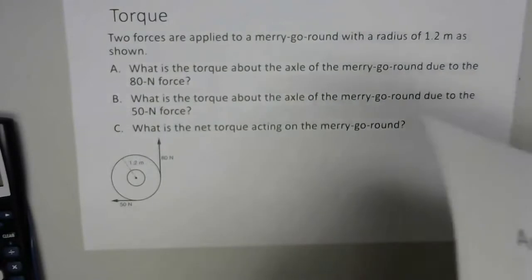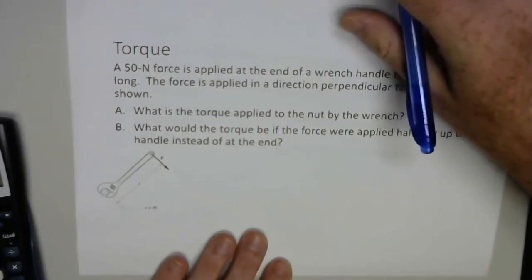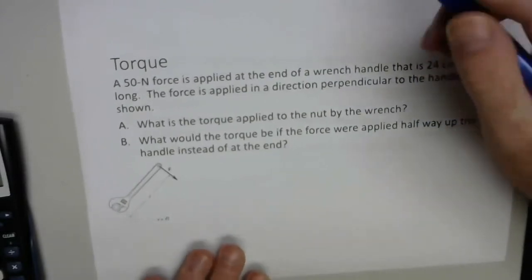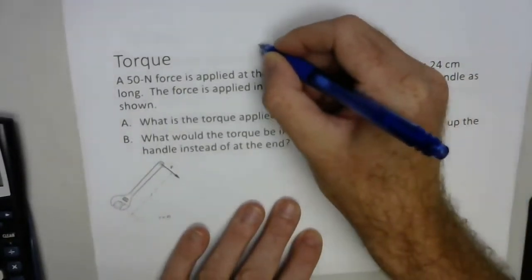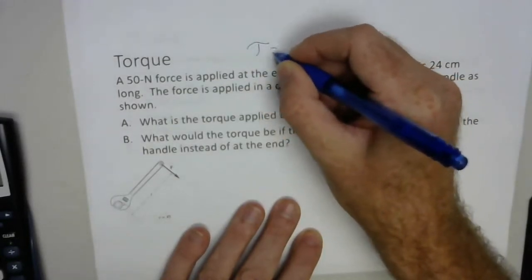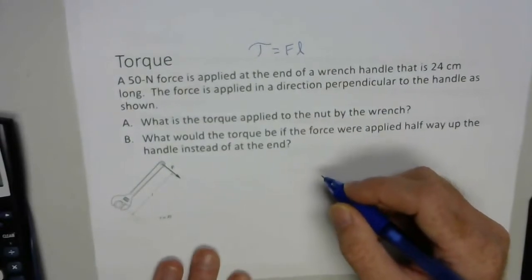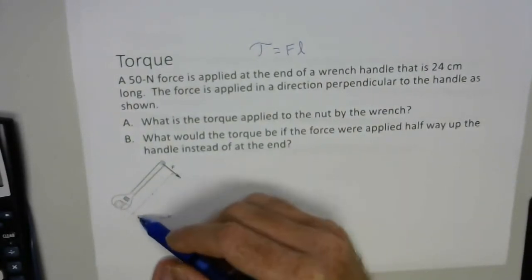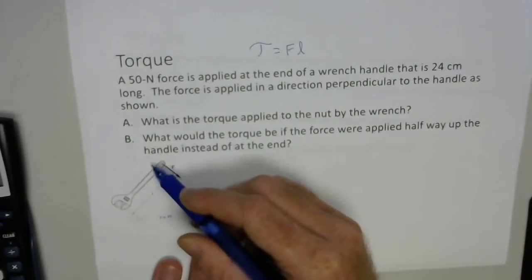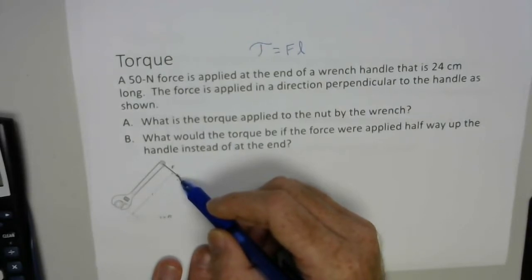Now, oops, stuck together. So then we've got torque. Torque is given by tau equals the force times the length of the lever arm, which is useful for a wrench. The length here would be the length of the lever arm, and the amount you apply at the end of the handle is the force.